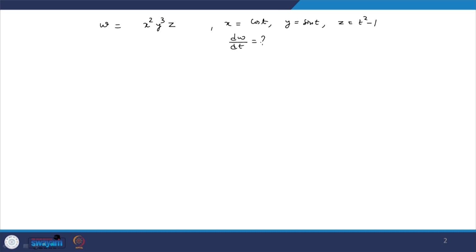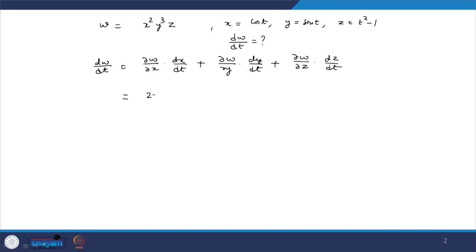So, again by chain rule dw by dt will be what? It will be del w by del x into dx by dt plus del w by del y into dy by dt plus del w by del z into dz by dt. What is del w by del x?